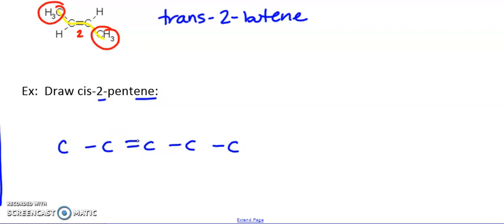And then cis, so around that, my carbons come off in the same direction. So one way of doing this would be like if I put the H's on here, both in the same spot. So it's not drawn, but a better way to do this would be like if I had this, to do them like this, like we saw in the upper ones.